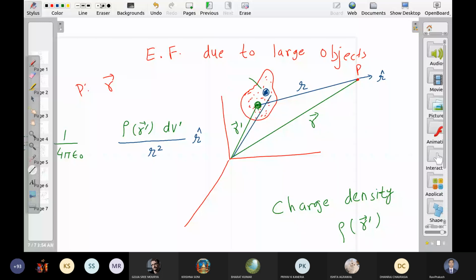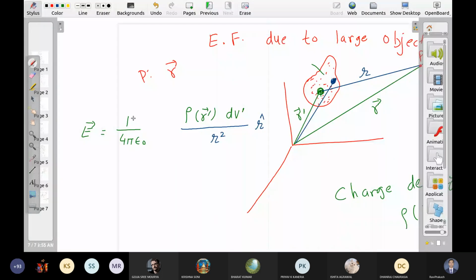I again have to calculate the new position vector. So what is the complete electric field due to this complete object? Integral over dv prime. What is the constant vector here?